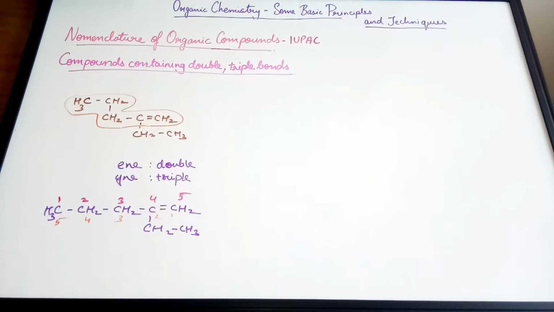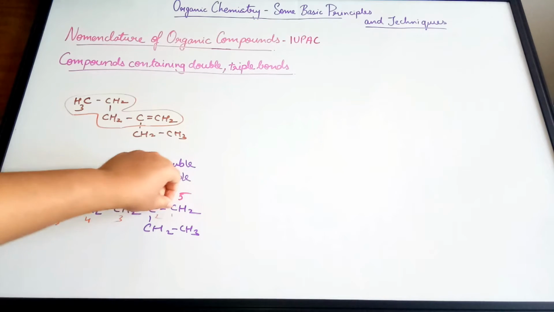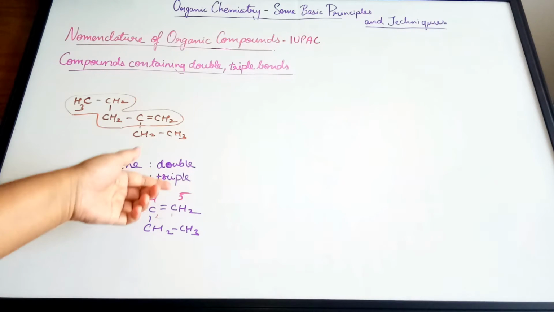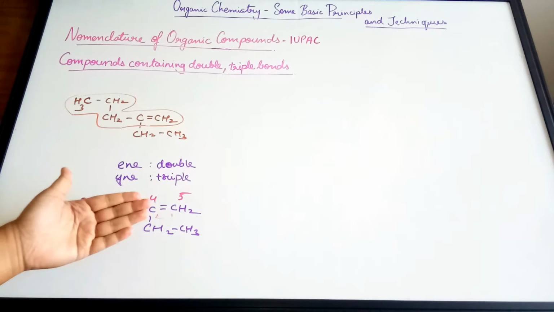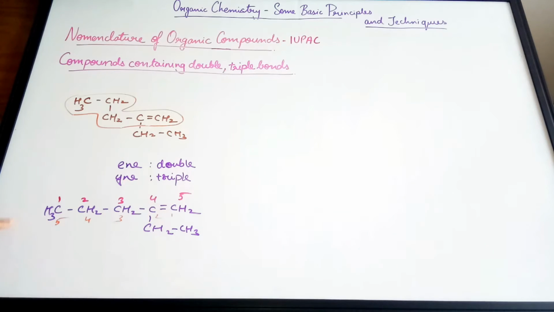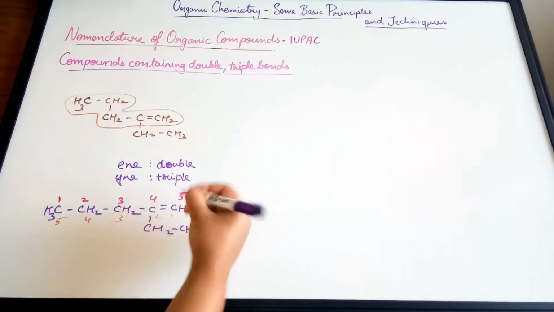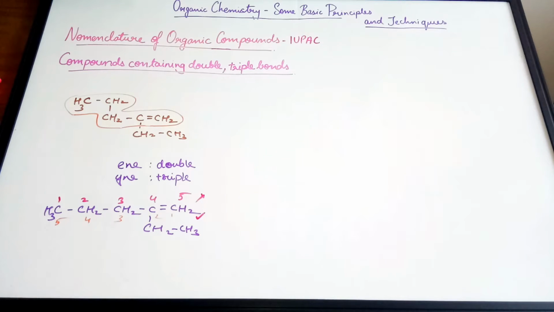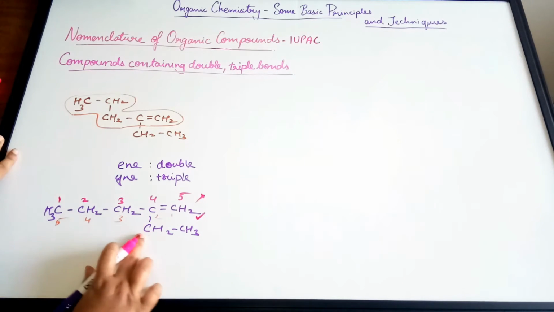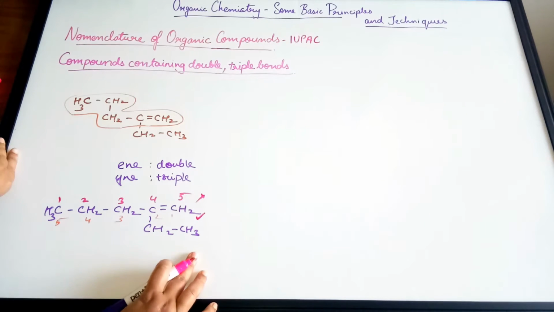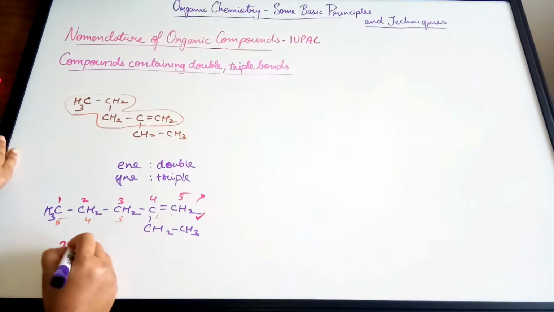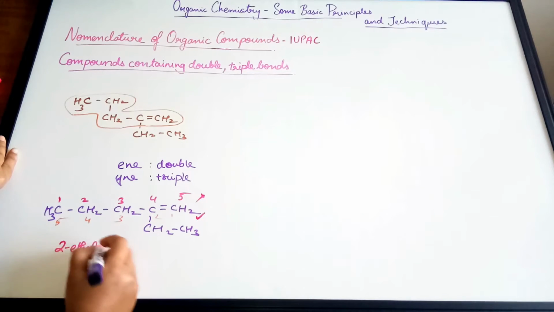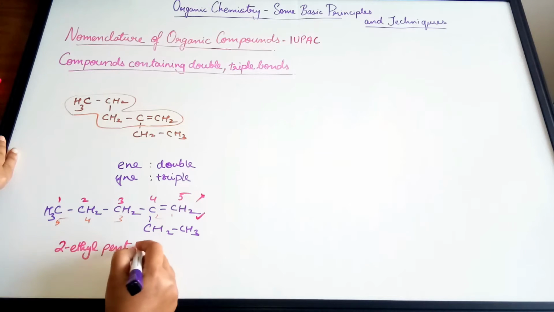Now the numbering should be given in such a way that our double bond has the lesser number. So we will be considering the one in orange and not the one in pink. And the name of this compound would be, here you have an ethyl group at the second position, so 2-ethylpent-1-ene.